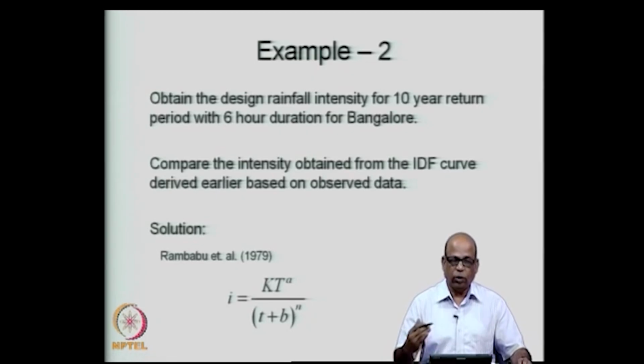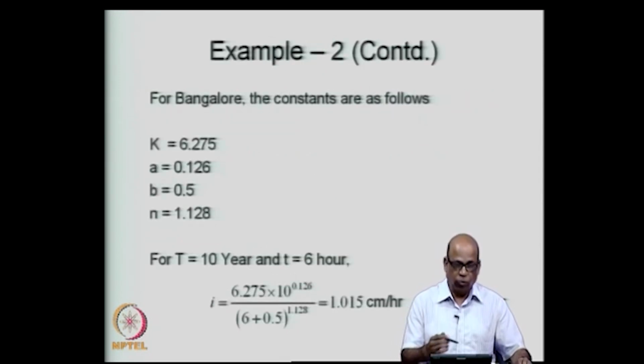However, as time progresses, as more and more data becomes available, your empirical relationships or your constants can change for various regions, because the rainfall pattern would have changed over a period of time. So, this is a fairly old relationship, whereas Kothari and Garde is more recent.